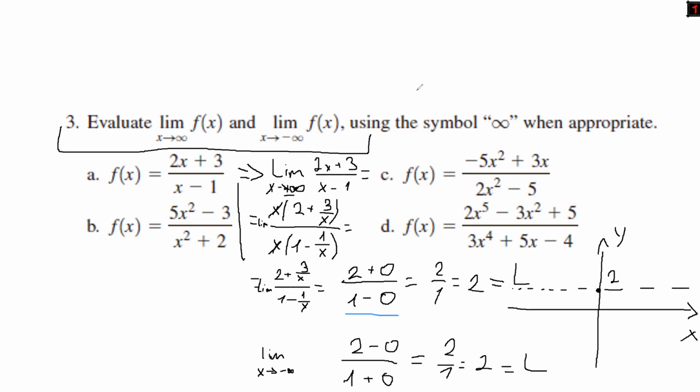Yeah, y equals 2. That's how you find the horizontal asymptote. And the vertical asymptote in this case would be x equals 1, because this is the point where our function is undefined.